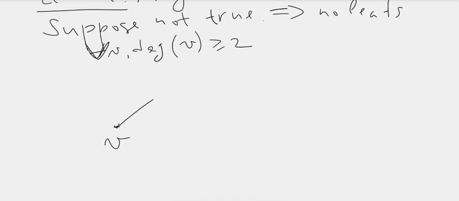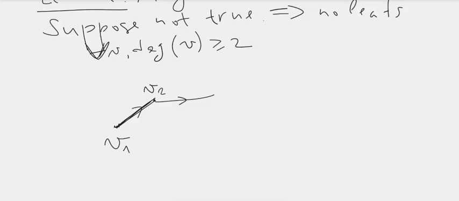So we go by this edge to some other vertex. Let's denote the first vertex V1 and this one V2. V2 has degree at least 2, so it means that except this edge that we already considered, it has at least one other edge incident to it.